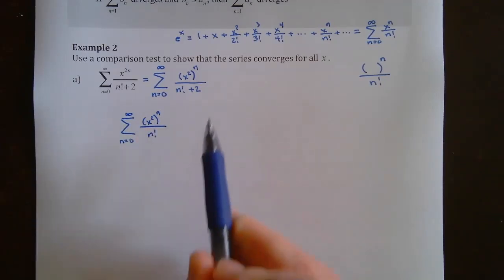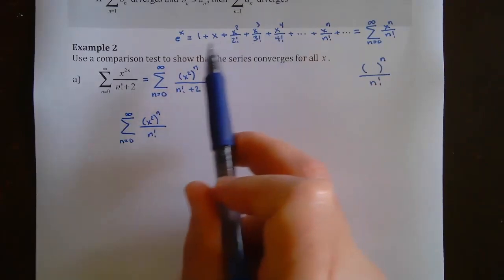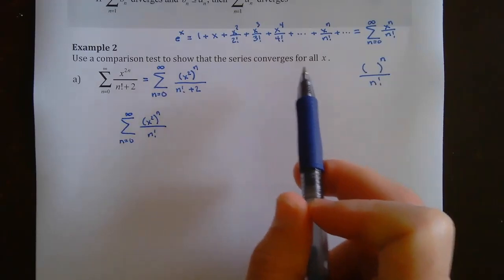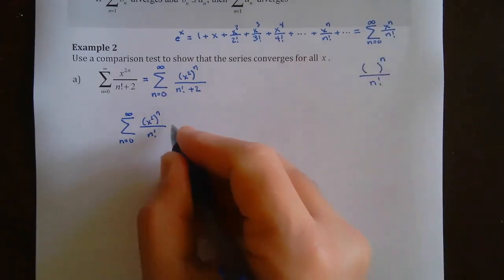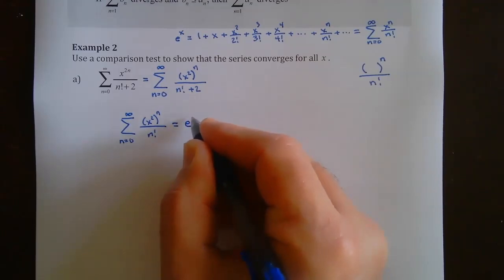That's this series up here. It's just instead of having x, what do we have in the x spot? We have x squared, right? So that means this is equivalent to e to the x squared power.